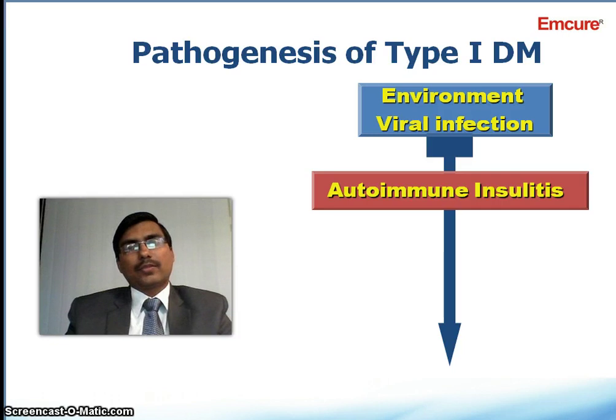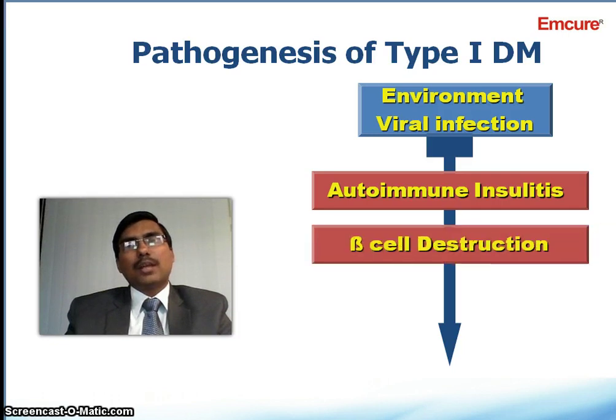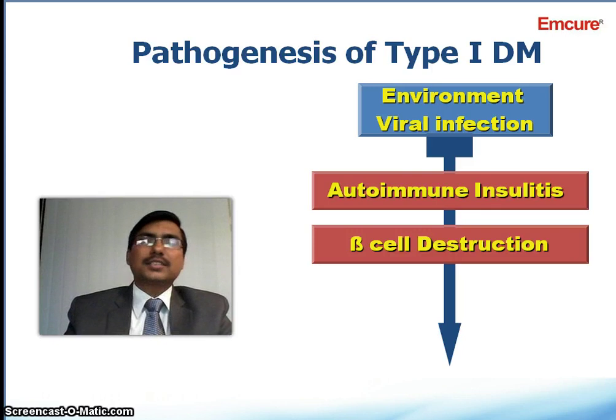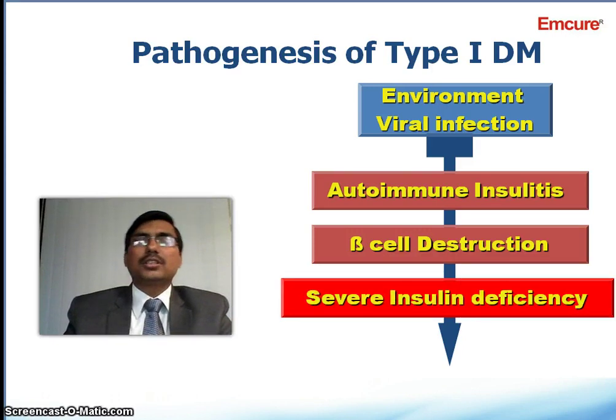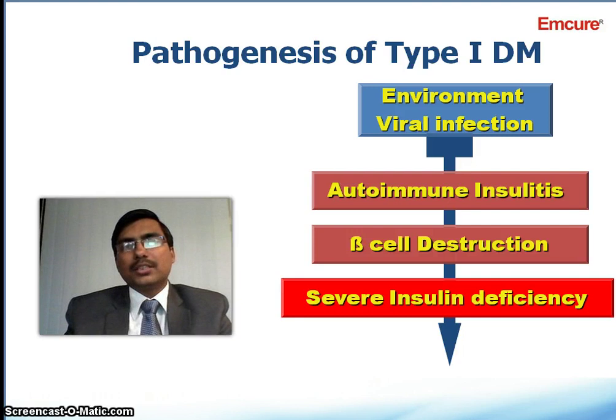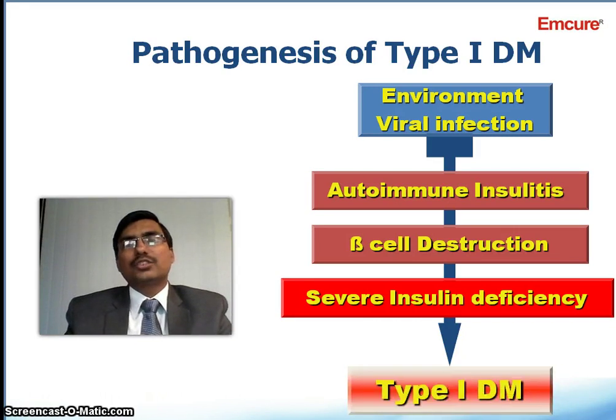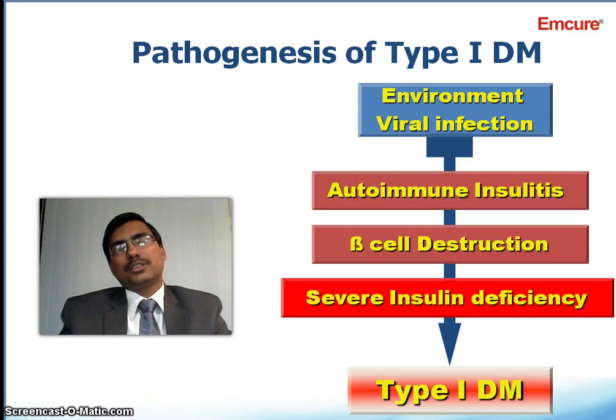Because of this attack, beta cells get destroyed. When the beta cells get destroyed, there is a severe insulin deficiency, because as all the beta cells are destroyed, they cannot produce any insulin, and this leads to type 1 diabetes.